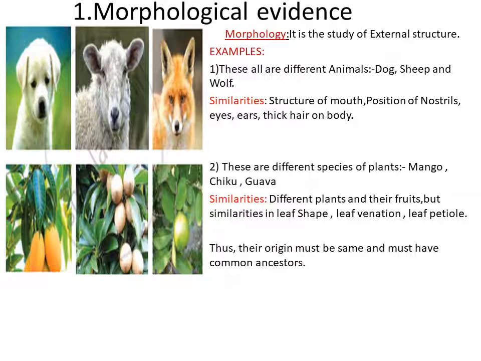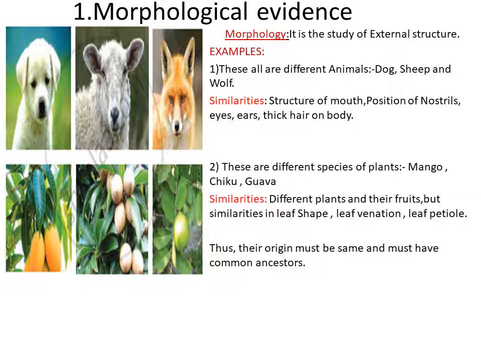What is morphology? It is the study of external structure. So, let us learn a few examples which come under morphological evidence. Here you all can see 3 different animals: dog, sheep and wolf.